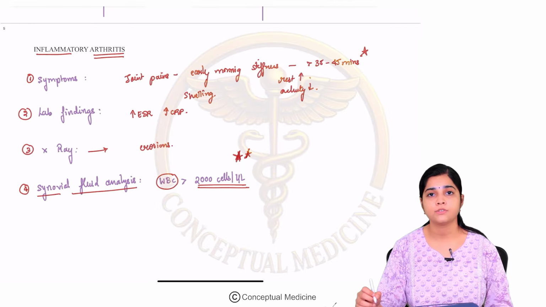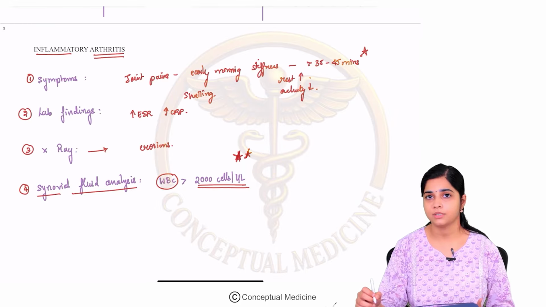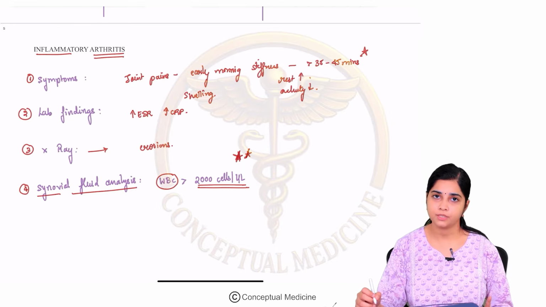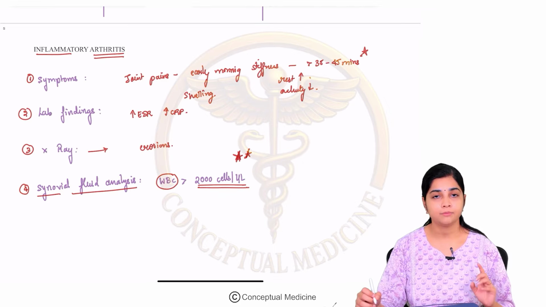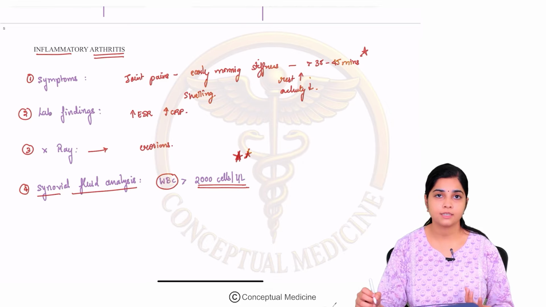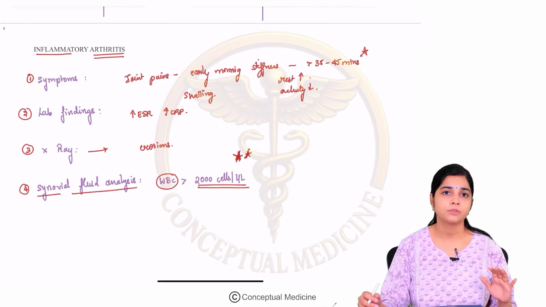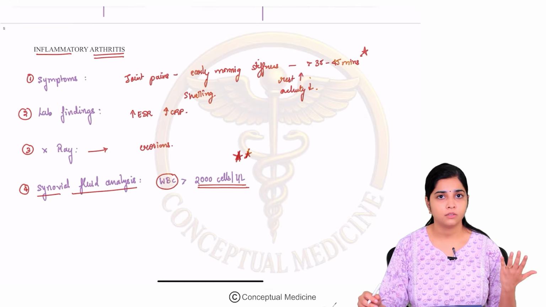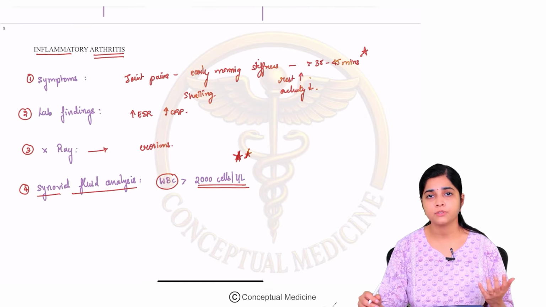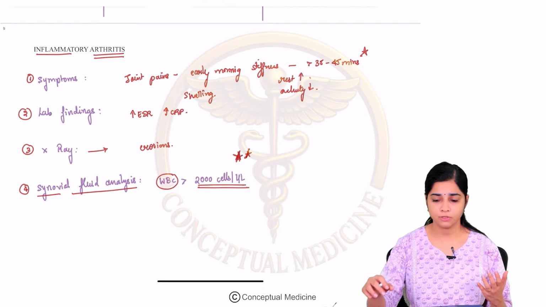So when you take the history of the patient, always ask about early morning stiffness lasting for more than 35 to 45 minutes and whether it increases with rest, and then you'll also have to ask about swelling of the joints, right? So in fact, whenever you look at a rheumatology proforma for examining the joints, you always do a tender and a swollen joint count.